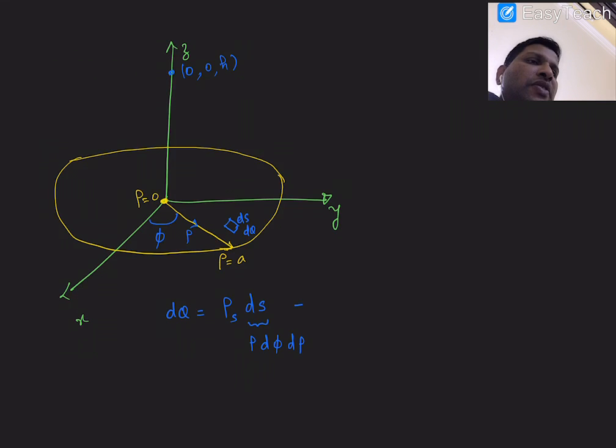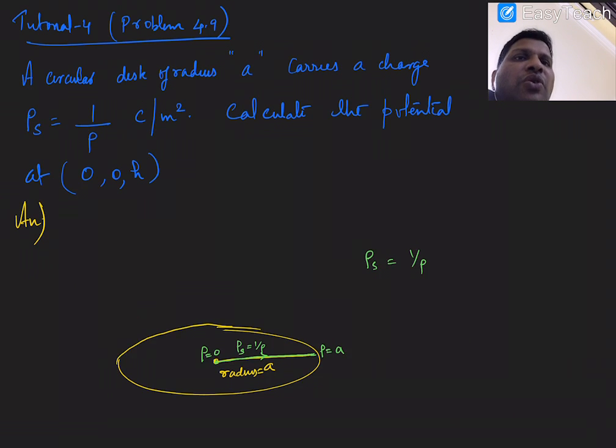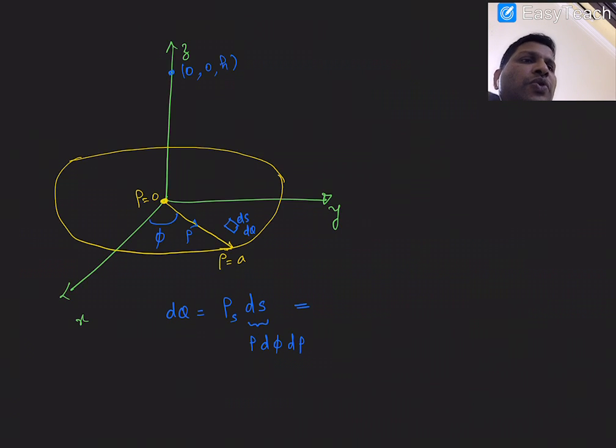Now you can get dq as, what is our rho s? It is given that rho s is equal to 1 over rho. So dq is equal to 1 over rho into rho d phi d rho. So this you will get as d phi into d rho.